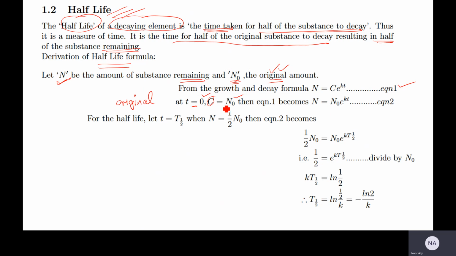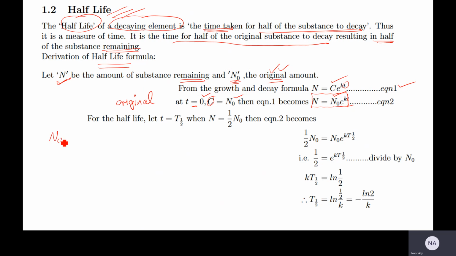I'll notice, of course, when I do that, N0 is equal to C. How is that so? Just put t equal to 0 and N equal to N0, and I get C is equal to N0. And there is an equation which we can now use that relates original amount.